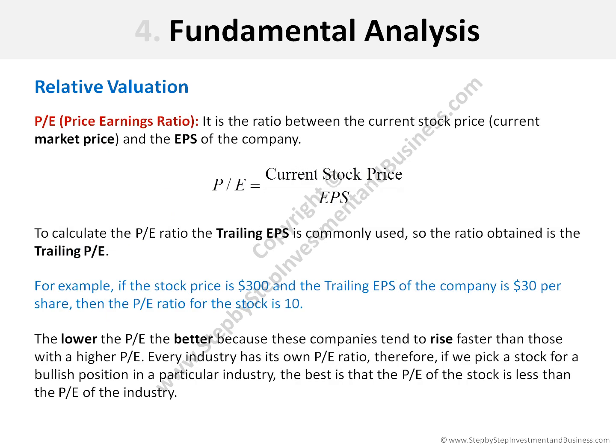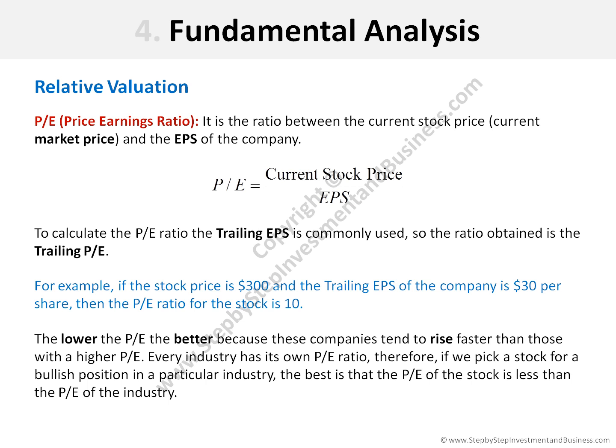Another very important ratio to analyze is the one known as price-earnings ratio. It is the ratio between the current stock price, that is, the current market price, and the earnings per share of the company. So, the price-earnings ratio is calculated as the current stock price divided by the earnings per share.